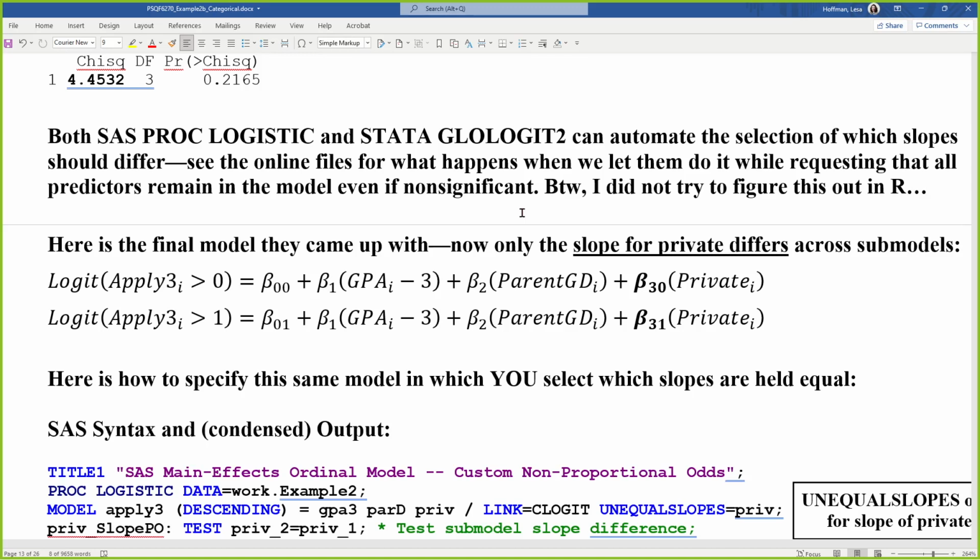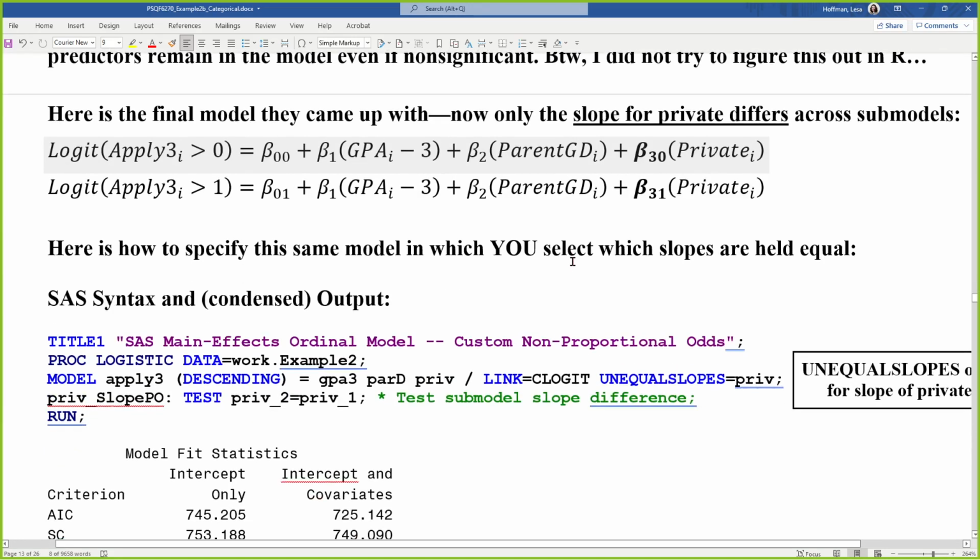It's kind of like a stepwise regression automation, which generally speaking I'm not a fan of, but in this instance I think it's helpful for figuring out which slopes are different, because the results would change based on which ones are currently different and which ones are not. And both of them converged onto the same answer, where only the last slope needs to be different.